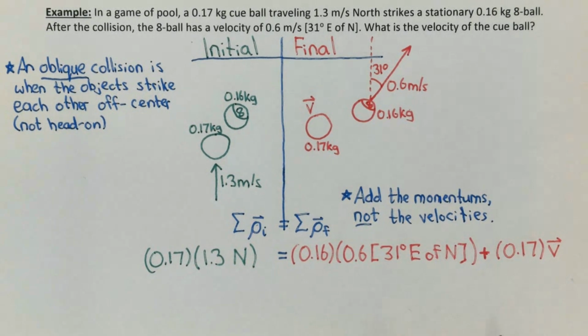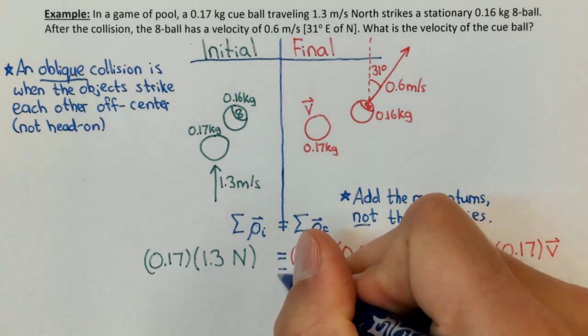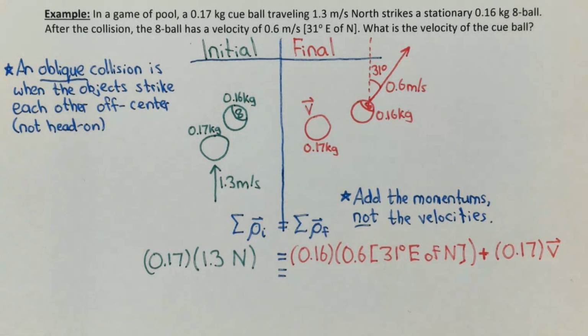So what this equation basically says is there are two vectors, and if I add them together, that means if I put them head to tail, they will give me a resultant of this. I can kind of draw that out. So one of my vectors is 0.16 times 0.6. So maybe I'll actually calculate that out right off the bat. 0.16 times 0.6 is 0.096.